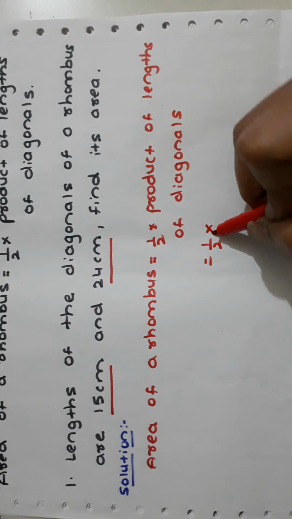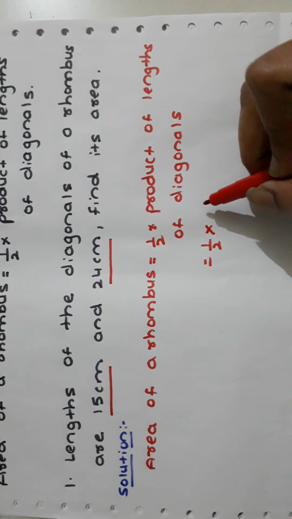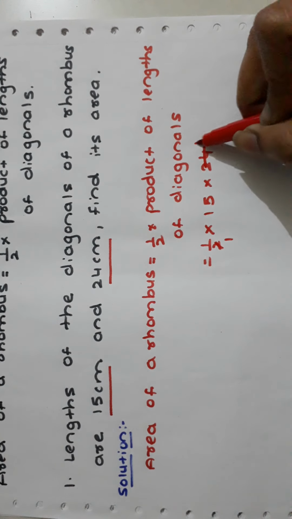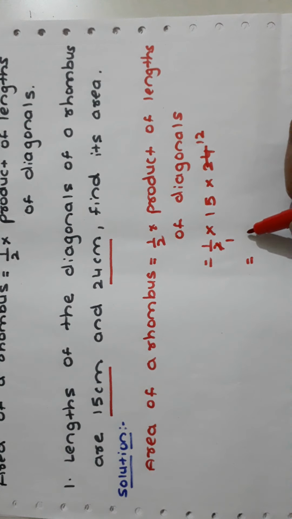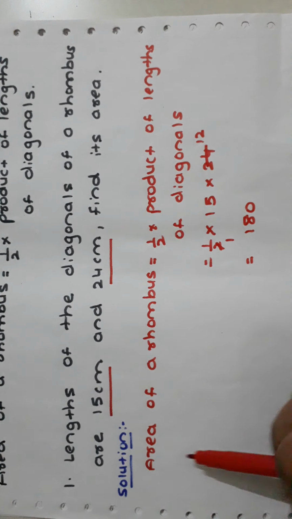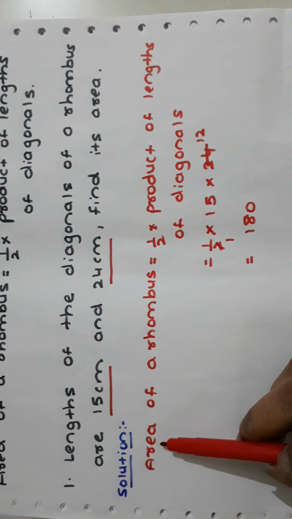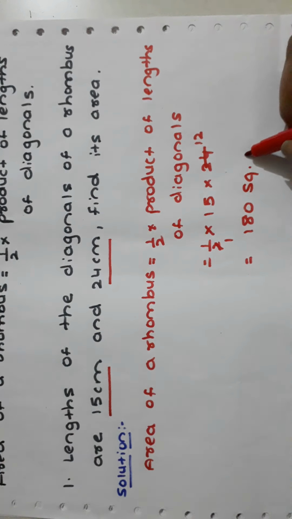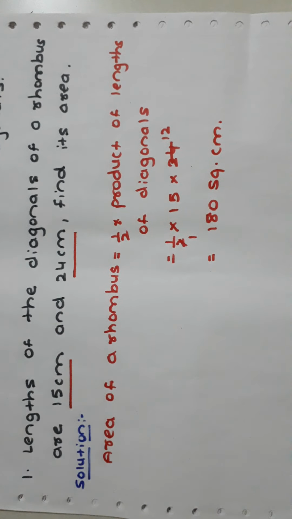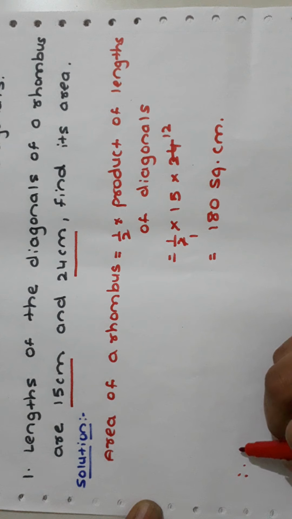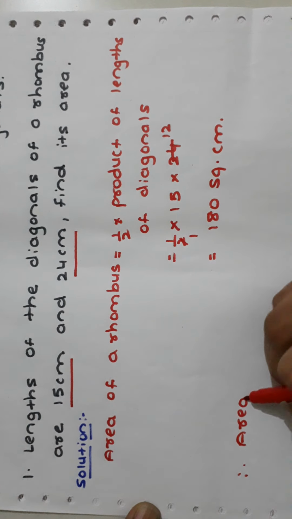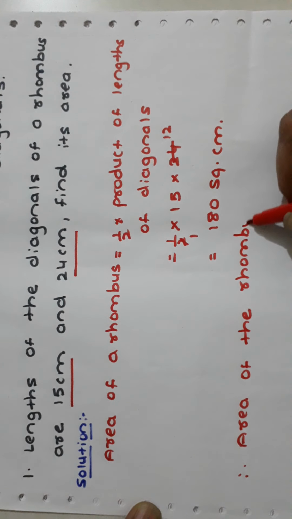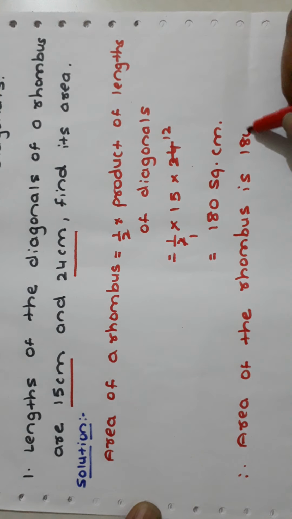Half into length of the diagonals, 15 cm and 24 cm. 15 into 24. 1 time, 12 time. 15 into 12 is 180. And since we are finding the area of a rhombus, area unit is square centimeter. So the area of the rhombus is 180 square centimeter.